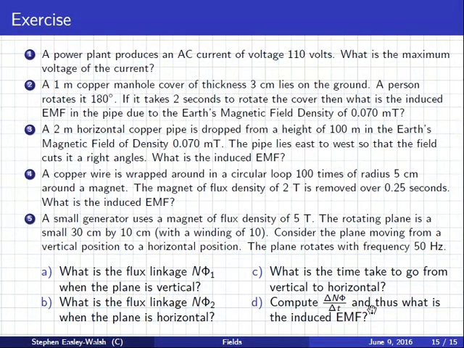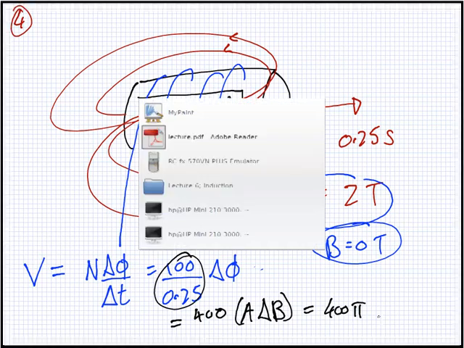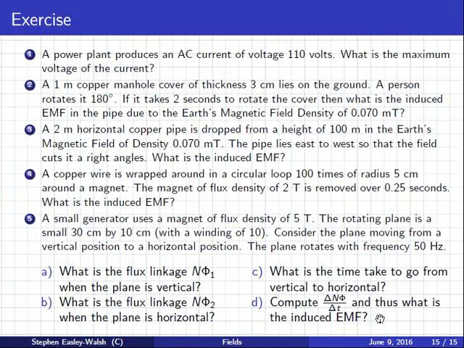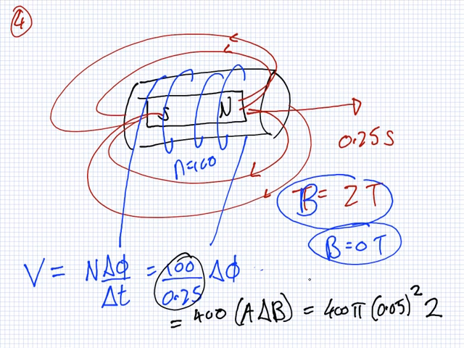What is the 400? This. 5 pi r squared is the area, and then the change is 2, or really minus 2, I suppose, because we lose 2, we go from 2 to 0, but we're not worried about the minus right now.